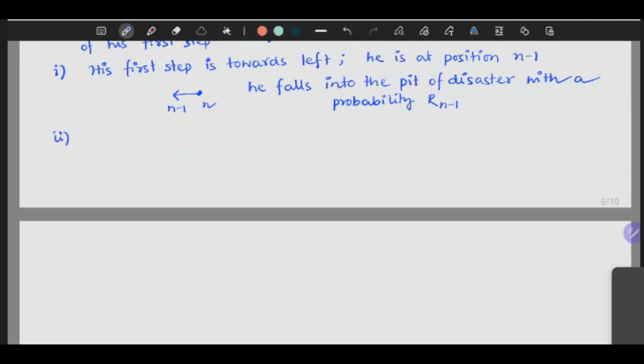The second case is the first step towards the right.